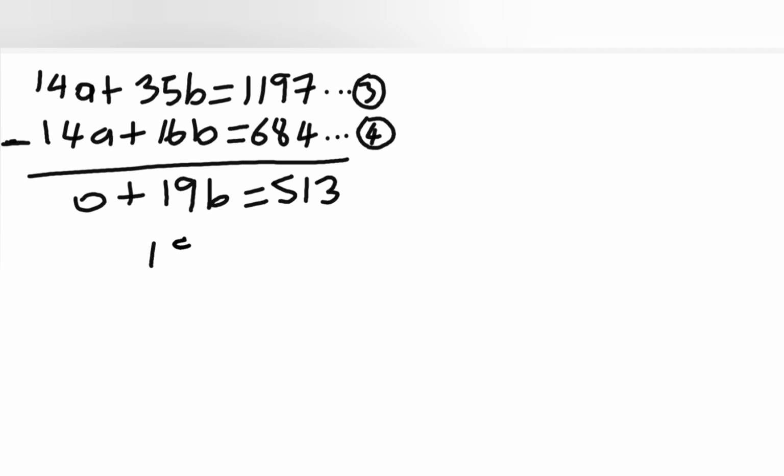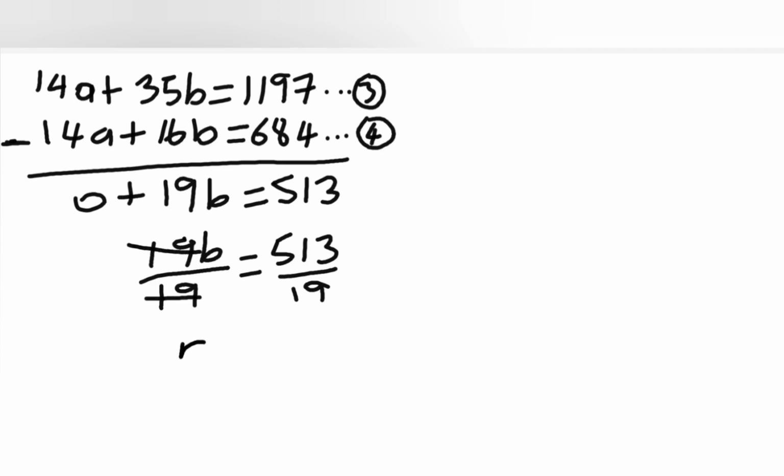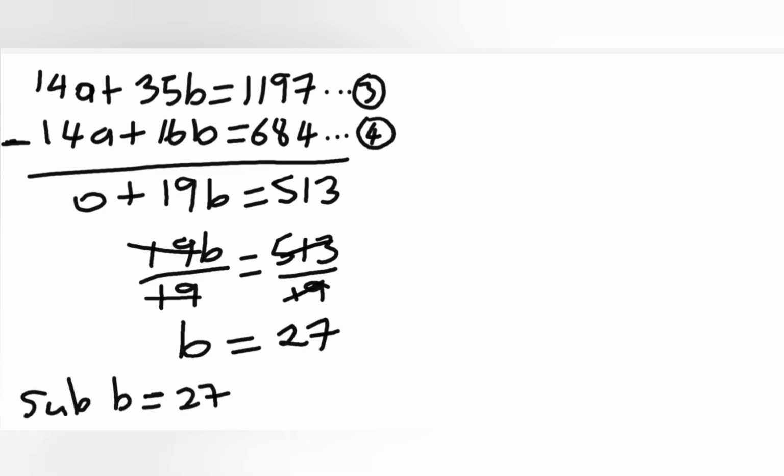So we have eliminated the a, so we're going to find the value of b. So it's going to be 19b divided by 19 is equal to 513 divided by 19. So 19 into 19 goes 1.